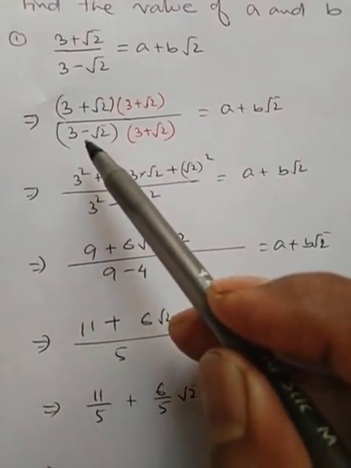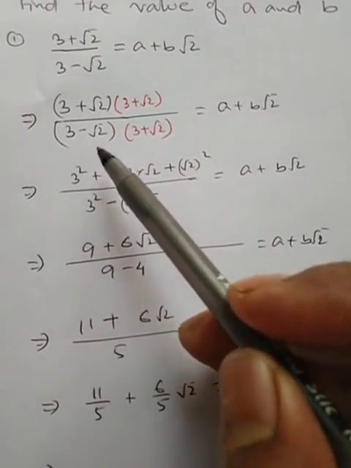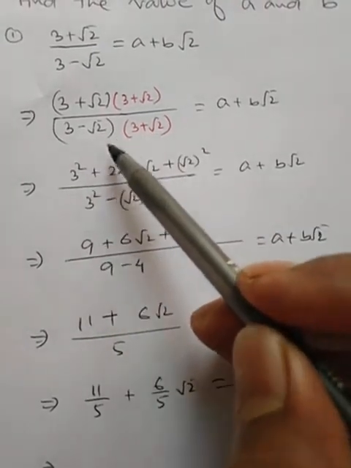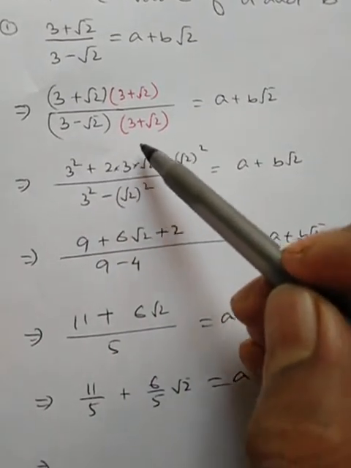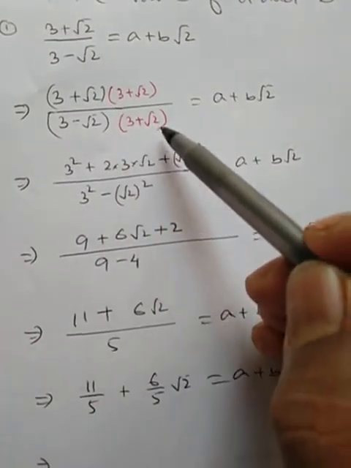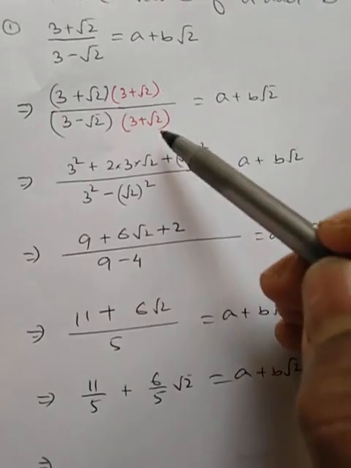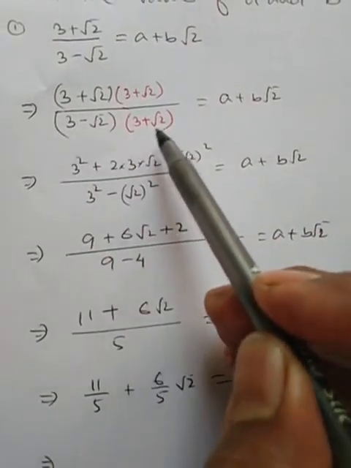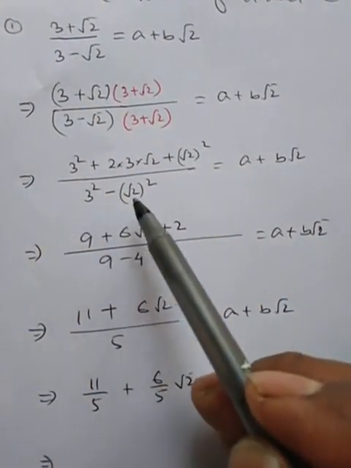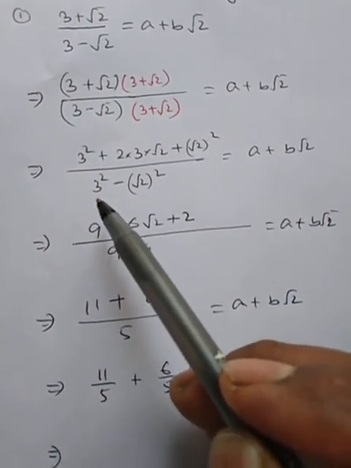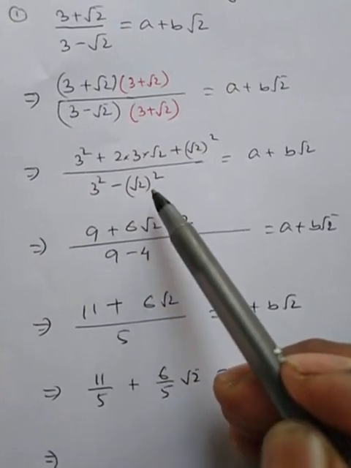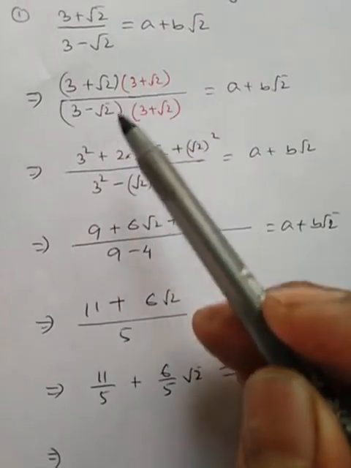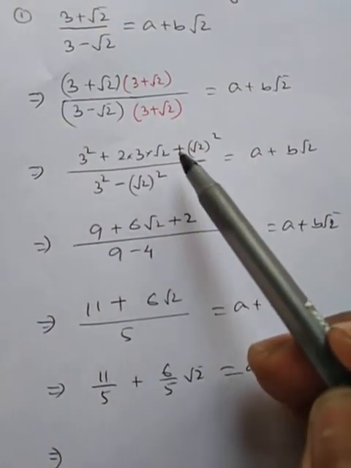So the first step, 3 minus root 2 is there, so obviously we have to multiply it by 3 plus root 2 to rationalize the denominator. At the same time, this same part will multiply with the numerator also. Now here this becomes a minus b into a plus b, so a square minus b square, so it becomes 3 square minus root 2 square, and in the numerator it is a plus b into a plus b, so it becomes a plus b whole square.